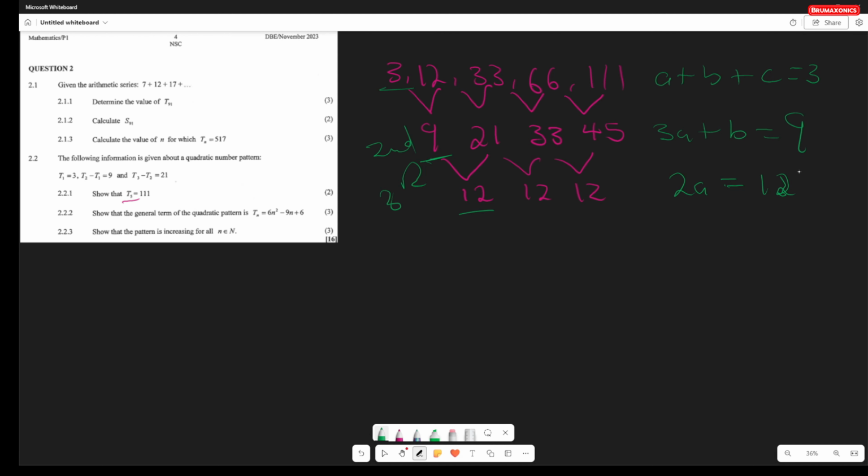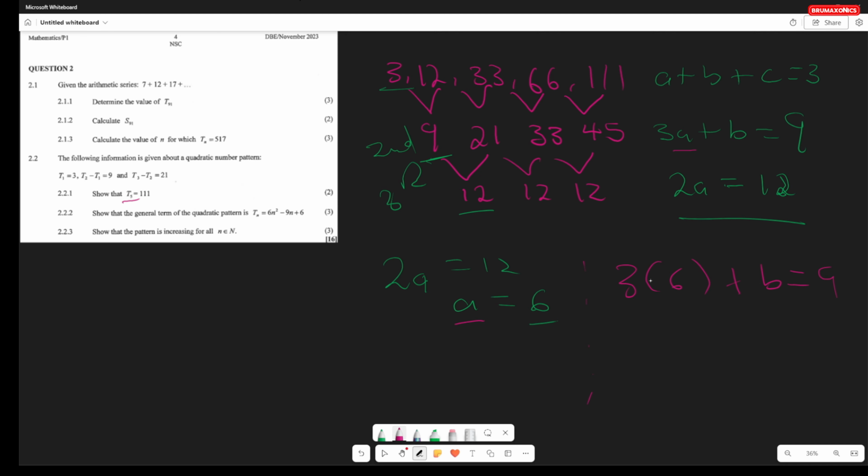So with these, we are able to solve our first equation. That will be 2a equals 12, and then a is equal to 6, right? So with that, we can continue with the other ones. Now we have a, and the other one will be b: 3 times 6 plus b is equal to 9, right?